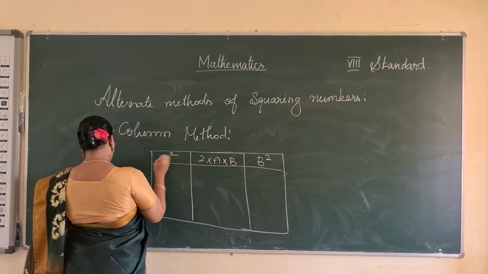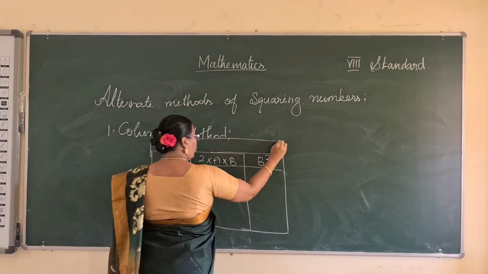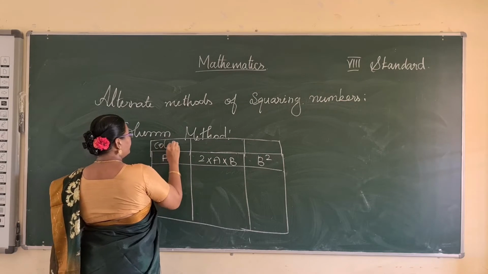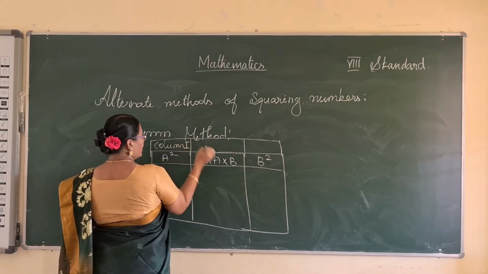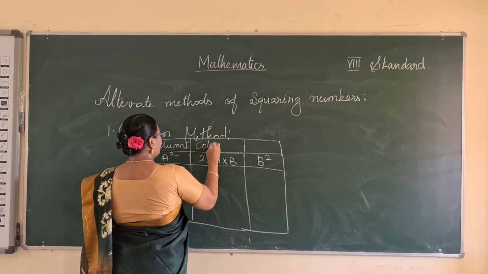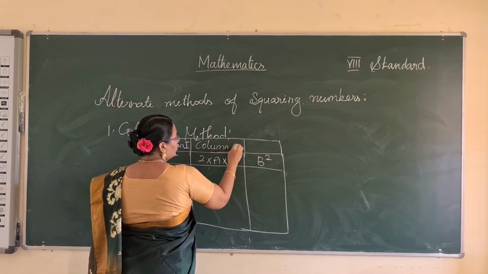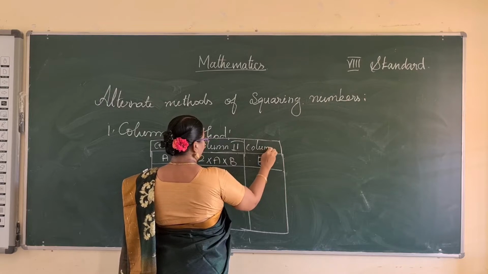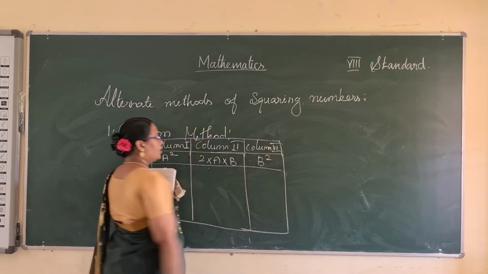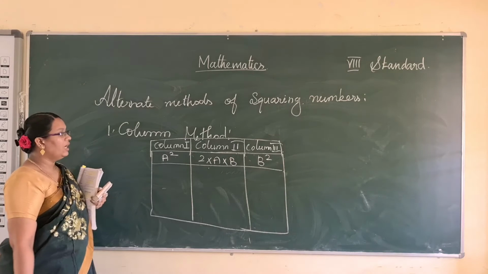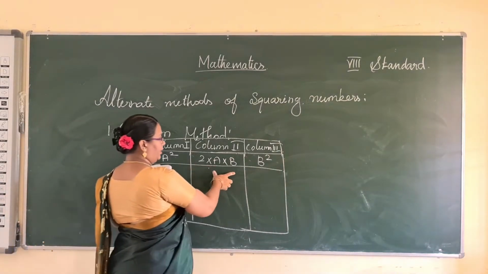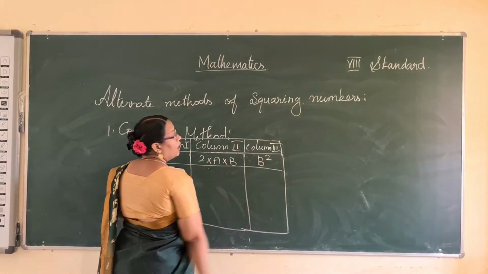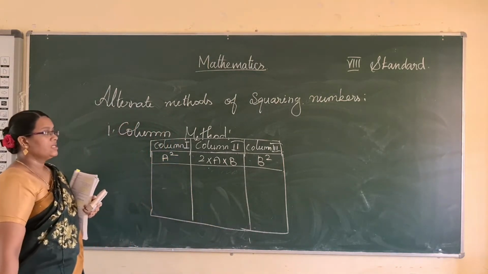The first, a squared, is called column 1. The second is called column 2. This one is called column 3. So the formula is a squared, 2ab, which means 2 into a into b, and b squared.